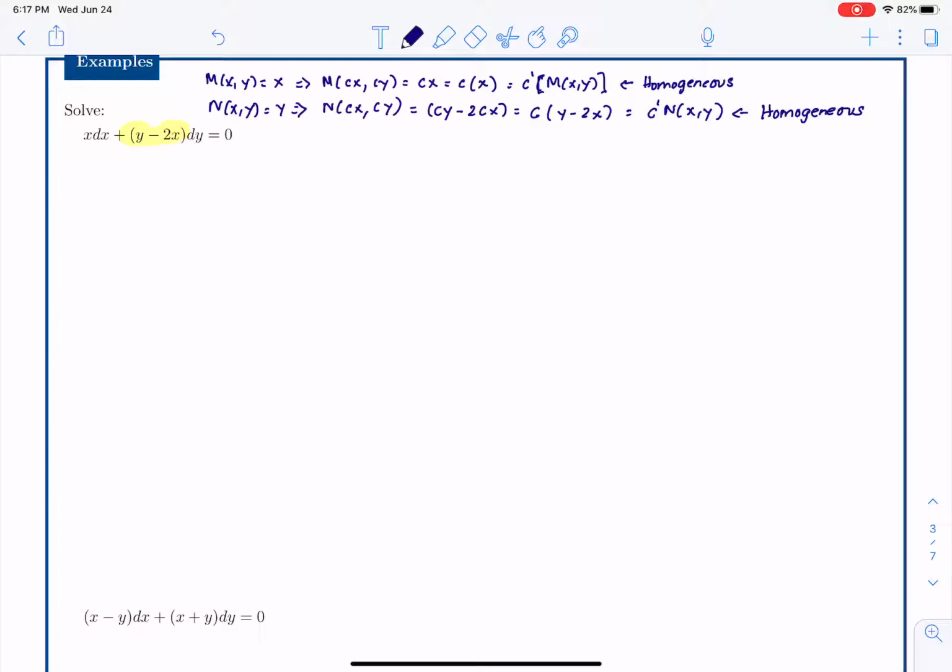So what I'm going to do is divide by x on both sides. So I have dx plus (y minus 2x) over x dy equals 0, which would mean dx plus (y over x minus 2x over x) times dy equals 0, dx plus (y over x minus 2) dy equals 0.